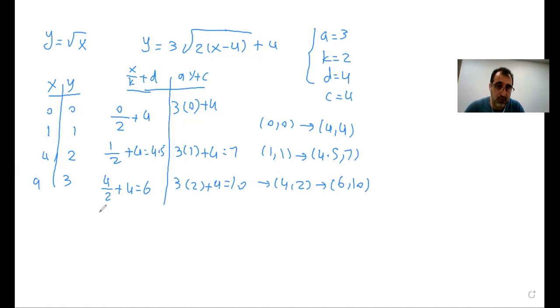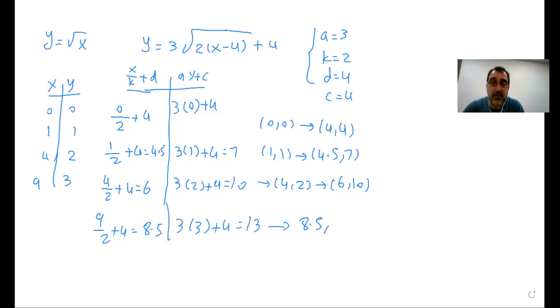Here, 9 over 2 plus 4 is 8.5. 3 times 3 plus 4 is 13, yeah? Because 9 plus 4 makes 13. Then you have 9 and 3 changing to 8.5 and 13. That's all we need to know. Now we have 4 points. We are good to go.